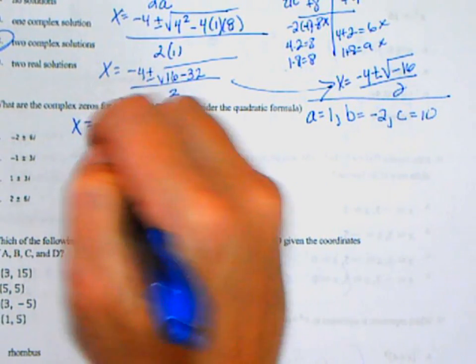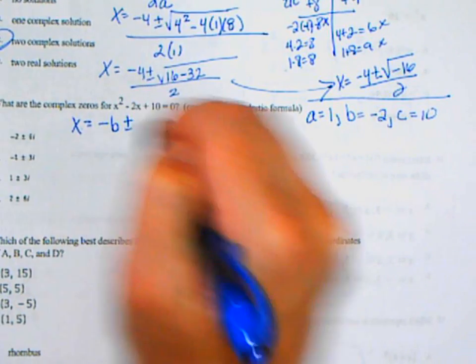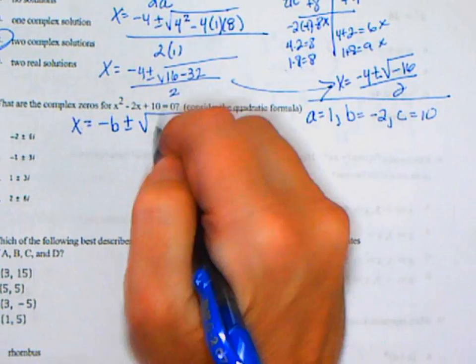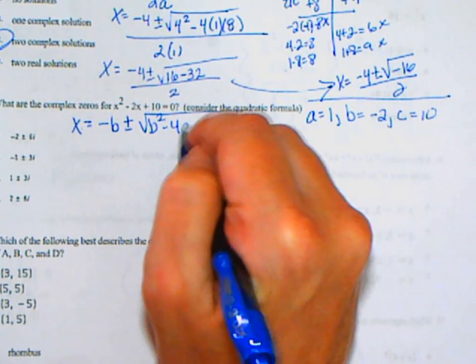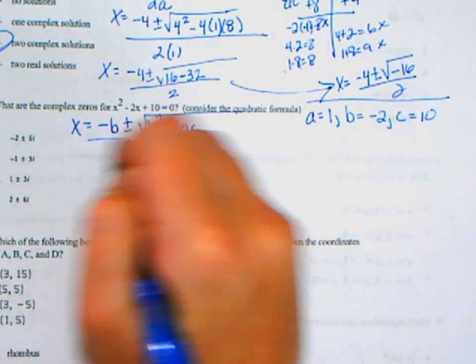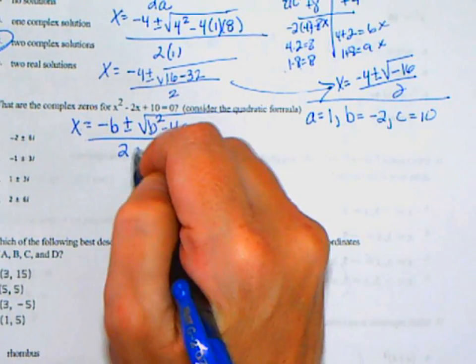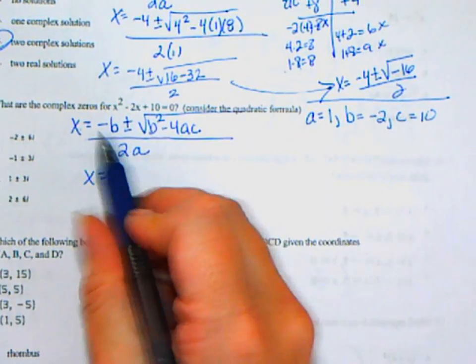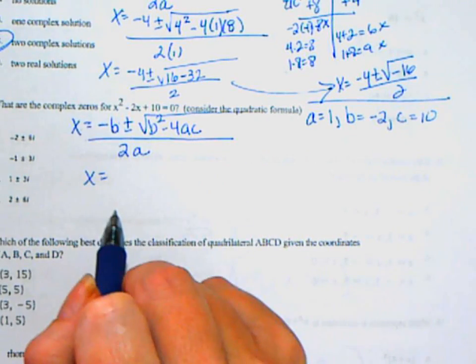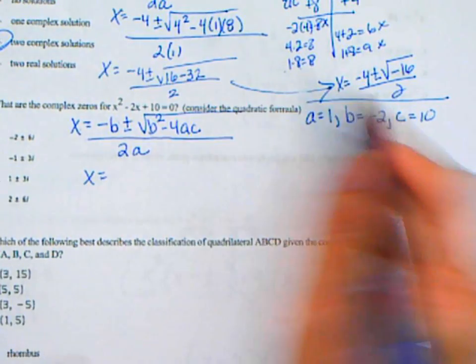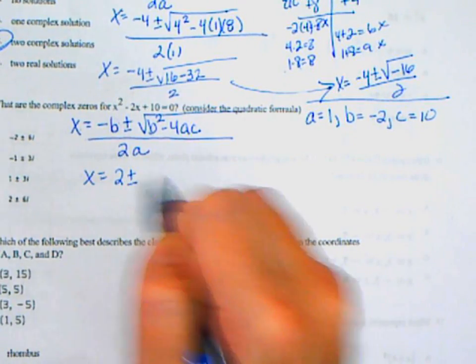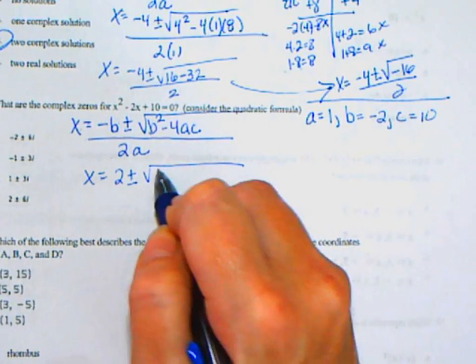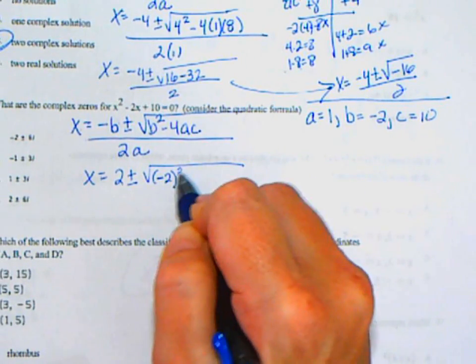X equals -b plus or minus the square root of b squared minus 4ac, all over 2a. So what's the opposite of b? Positive 2 plus or minus whatever b is, square it. So you've got to make sure you square that negative.